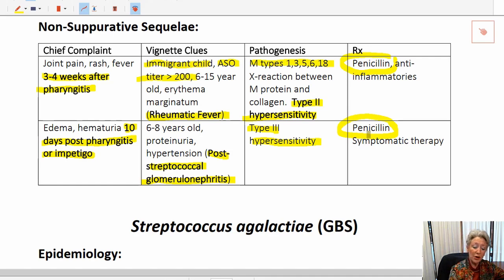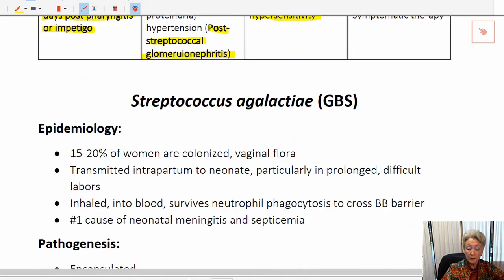But remember, these are post-streptococcal sequelae, so these are after the acute infection, and the only rationale for using antibiotics in these would be to make absolutely certain that there aren't any persistent antigen exposures that would be causing these hypersensitivities to persist.